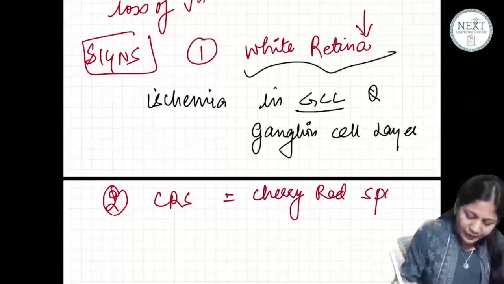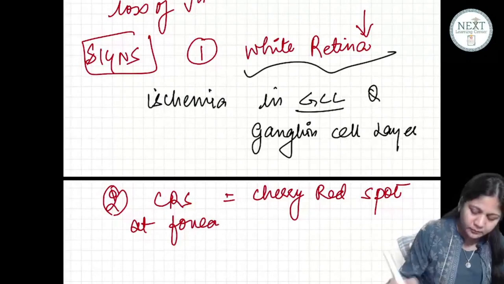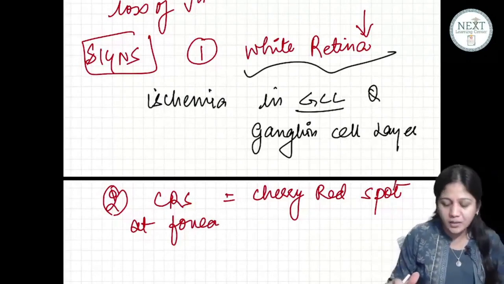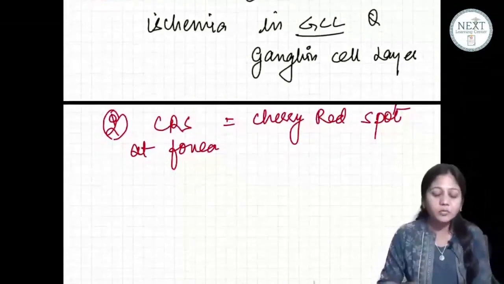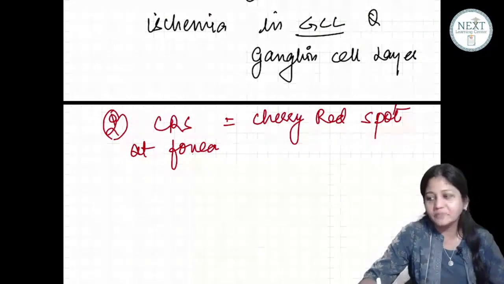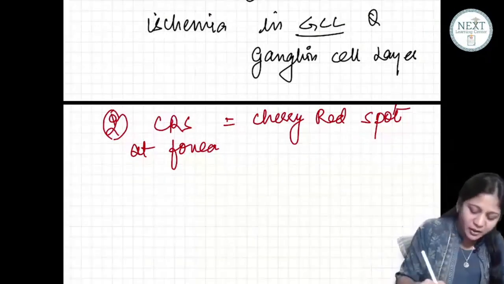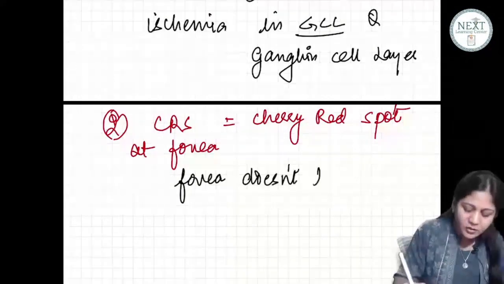Now who will tell me why this is seen? Why is there a cherry red spot? So why is there a cherry red spot, friends? Anyone? It is related to the anatomy of the fovea. I had said this is very important. Yes. Absolutely, Dr. Priyam. So the fovea does not have a ganglion cell layer.